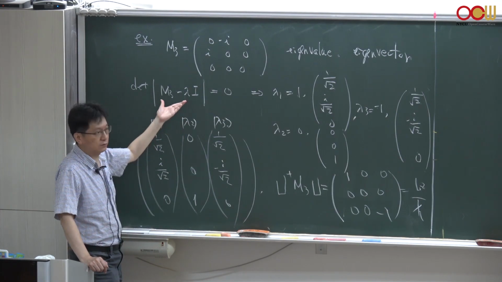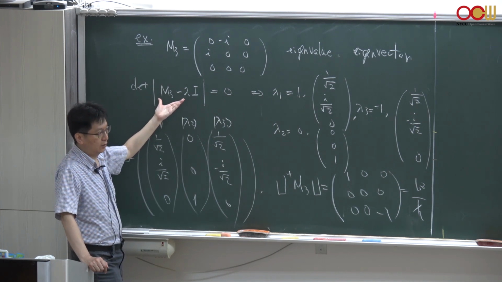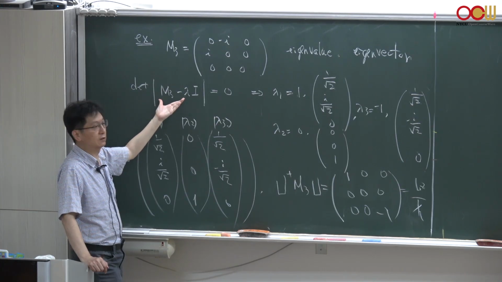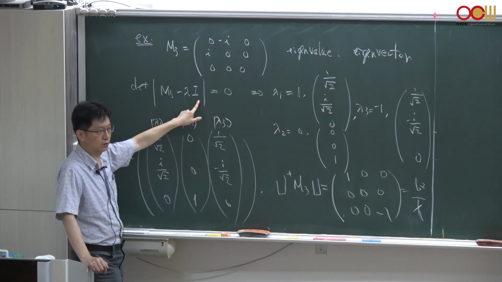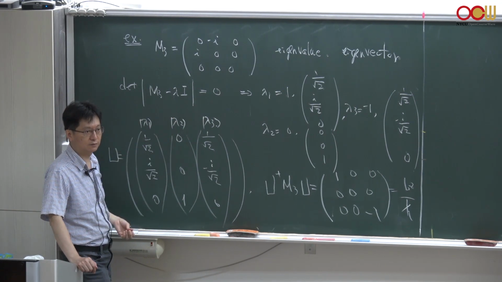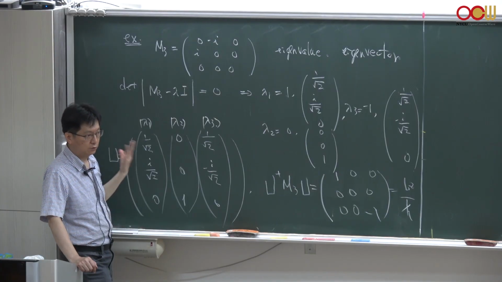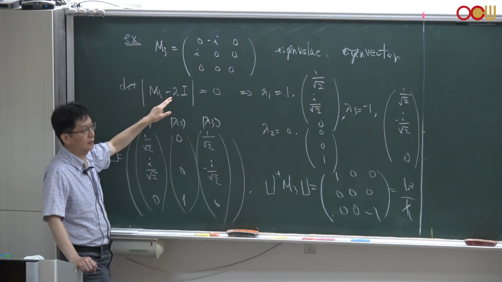It's very easy to find the eigenvalues. You simply make this equation by demanding that the determinant of this matrix M3 minus lambda times the unit matrix I vanishes, where lambda represents the eigenvalue. And there are 3 roots of this cubic equation.